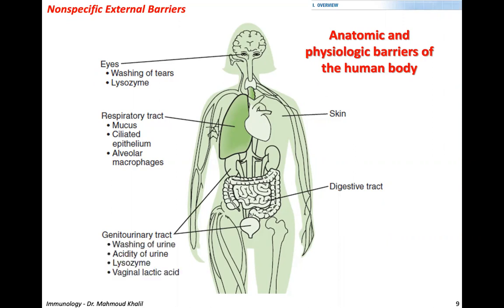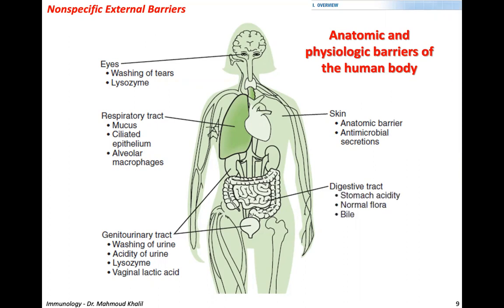And then we have the genitourinary tract, and of course you have the urine, which washes out a lot of bacteria as well. The acidity of urine also prevents the growth of bacteria. You have lysozyme as well, and you have vaginal lactic acid, which provides a low pH that kills a lot of bacteria. While the skin is considered a first line of defense, actually it is an anatomic barrier, not a physiologic barrier, and the skin can secrete a lot of antimicrobial secretions.